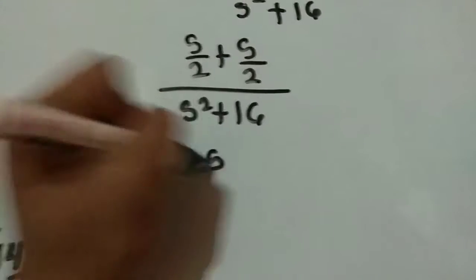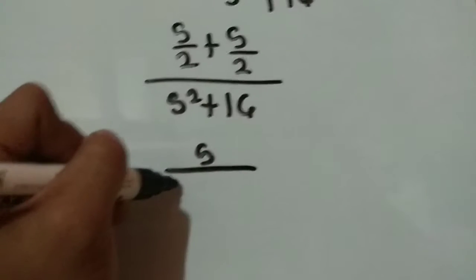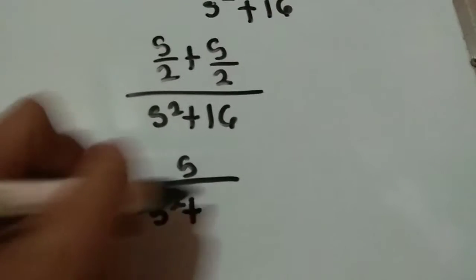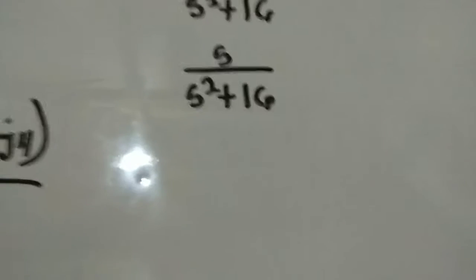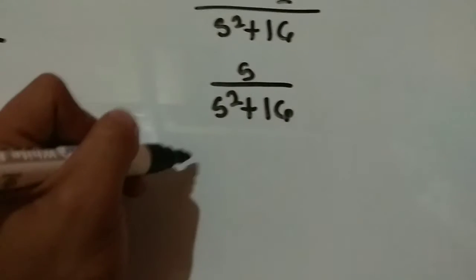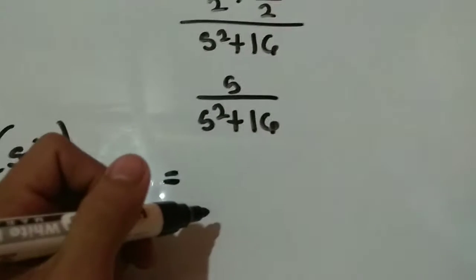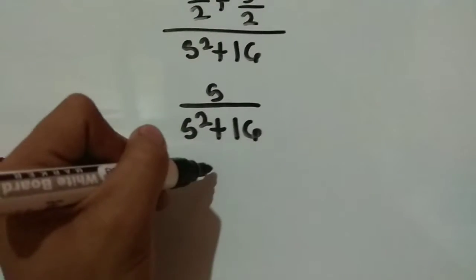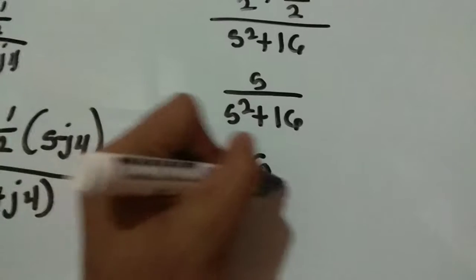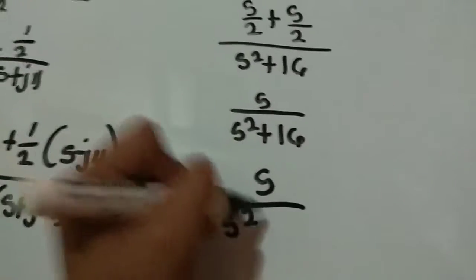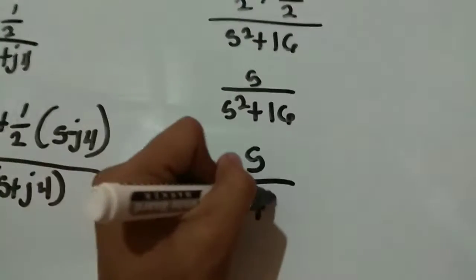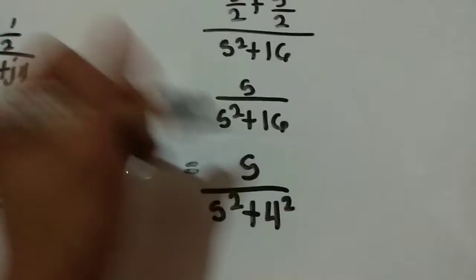So s over s squared plus 16. And transforming it to its general form, the Laplace of cosine 4t is equal to s over s squared plus 4 squared.